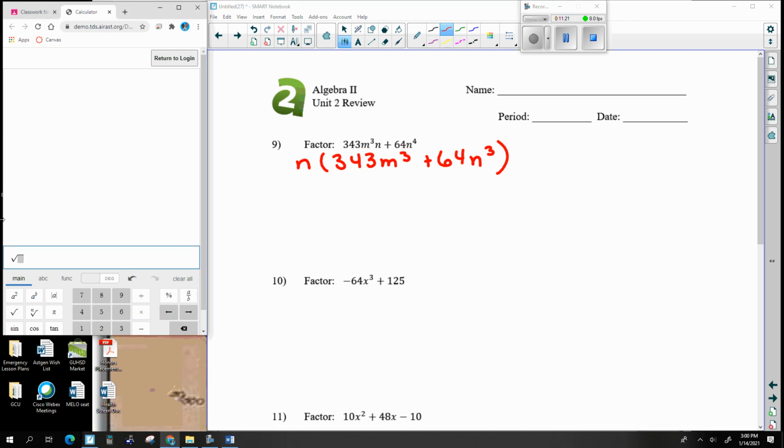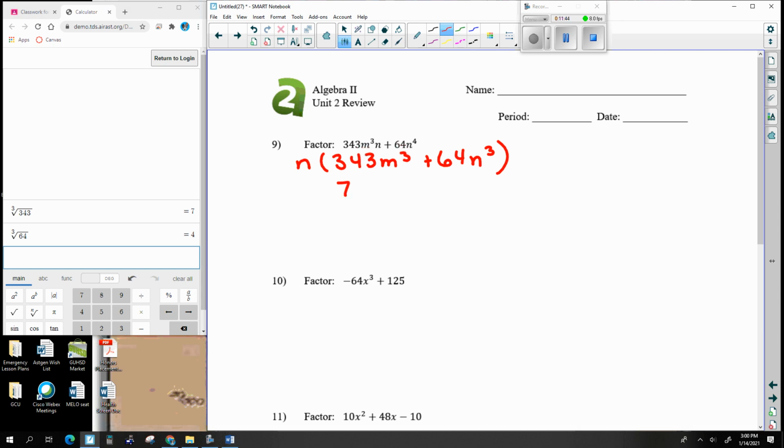So for instance, this is going to be the third root. So you use that n root button. You make the outside, and 343, I believe, is 7. 64 is 4. Again, you can take the third root. 64 is 4. So these are perfect cubes.